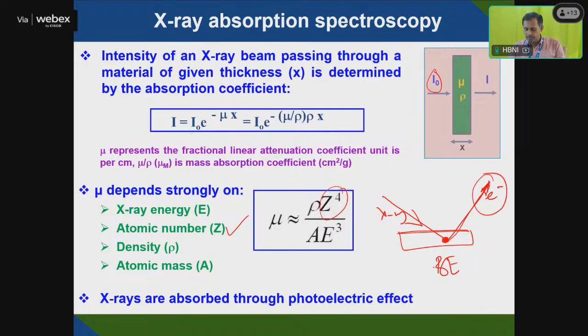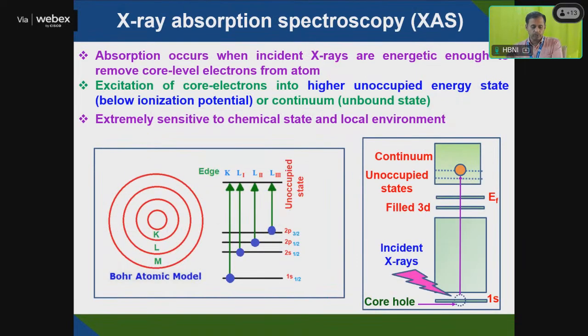That will depend on the binding energy of the core electron as well as the h nu, the X-ray photon energy falling on this. So if you see, the absorption process is high if the incident X-rays are energetic enough.